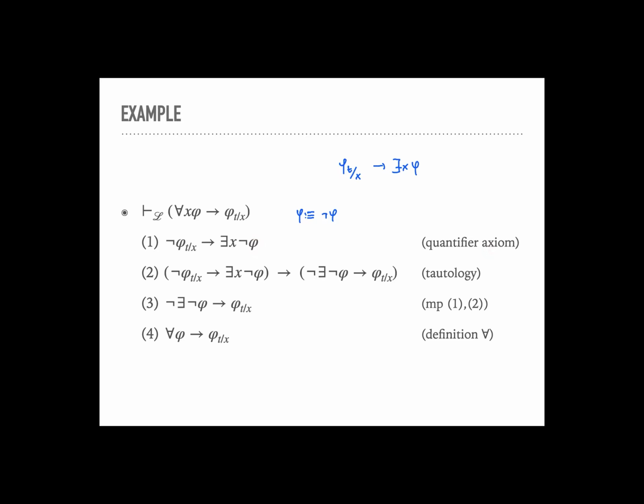Now we also introduce a logical axiom in the form of a tautology. If you look at this formula here, this is of the form not psi implies rho, implies not rho, implies psi. Right, so this is a simple instance of the contrapositive rule, and you can easily see that this is a tautology.